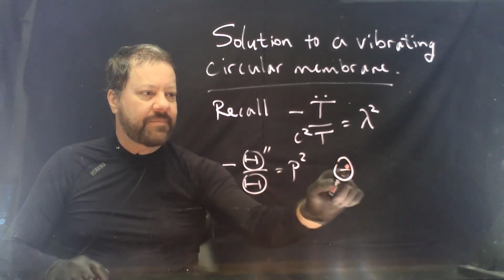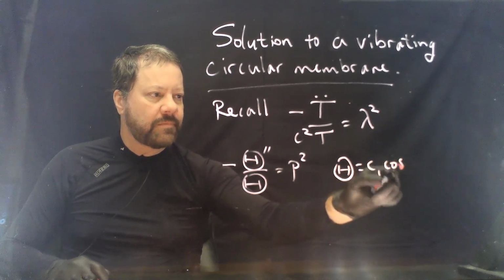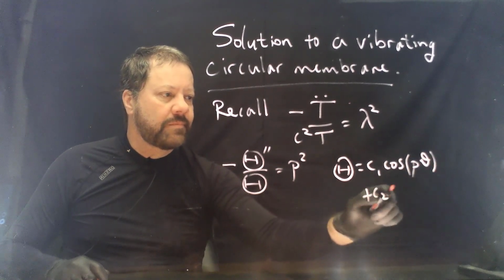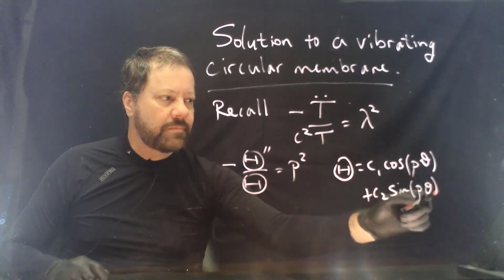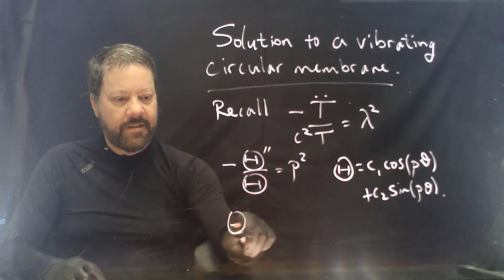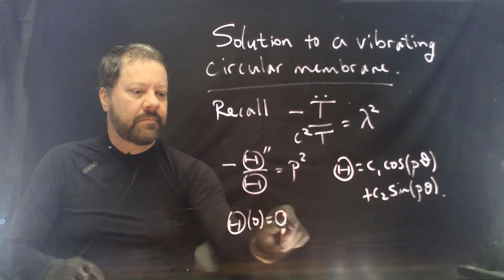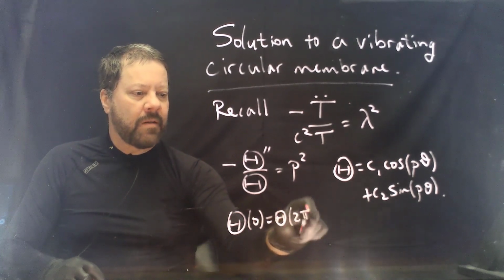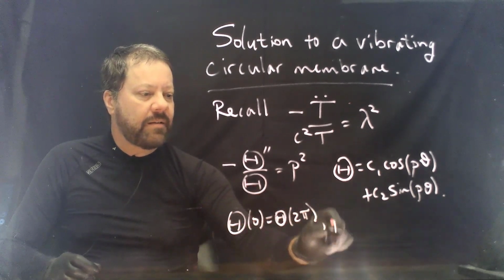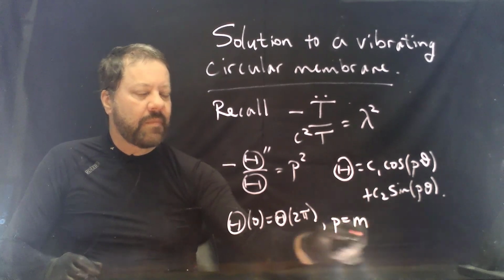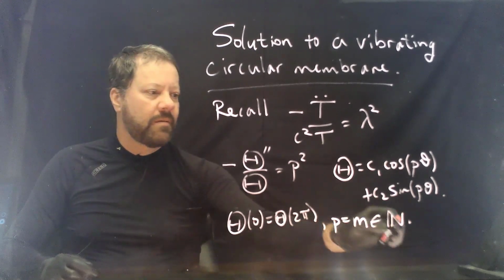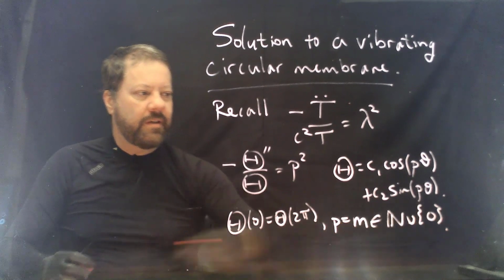We had then Θ is a simple linear combination of this form because we require these to be 2π periodic. p is going to be m in the set of natural numbers, or 0, as the case may be.